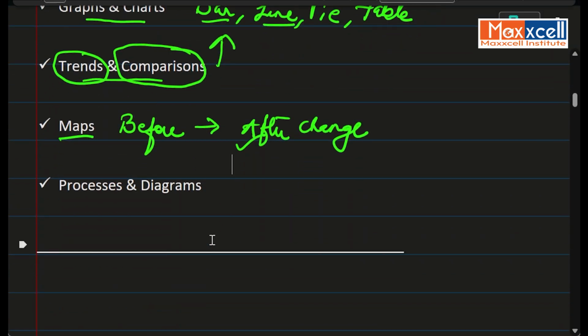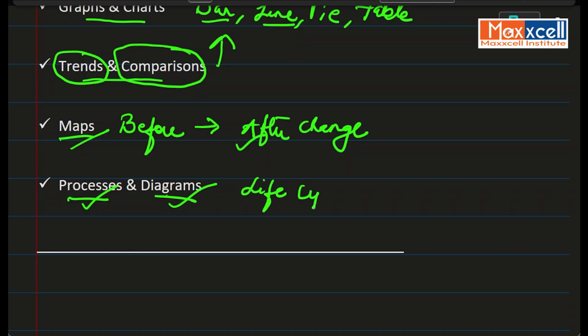Apart from that, what you can expect in task 1 are processes and diagrams. So apart from maps, you can also expect processes and diagrams which can come. Okay, now what are these processes? It can be in the form of a life cycle. Okay, so life cycle of an animal हो सकता है, कोई भी insect हो सकता है, and it can be a manufacturing process.